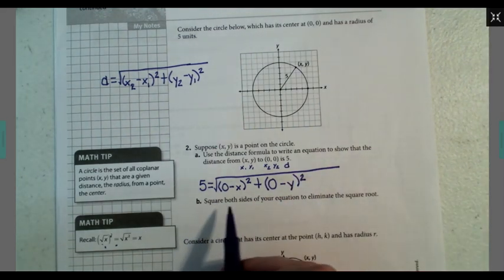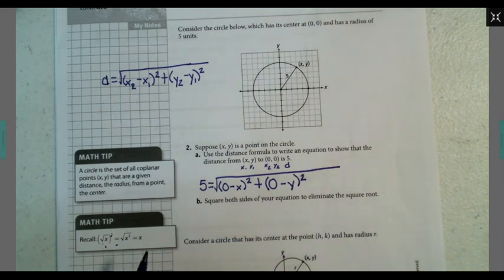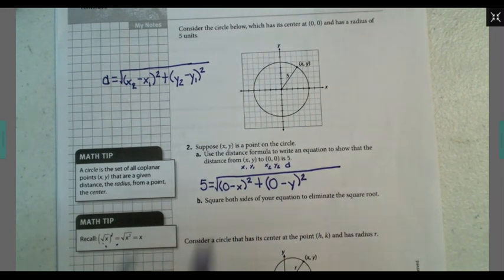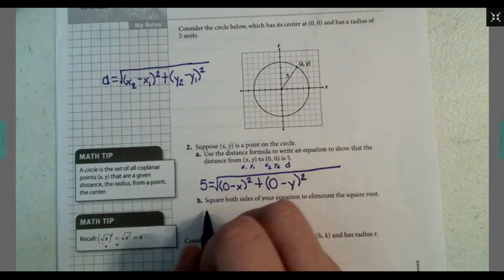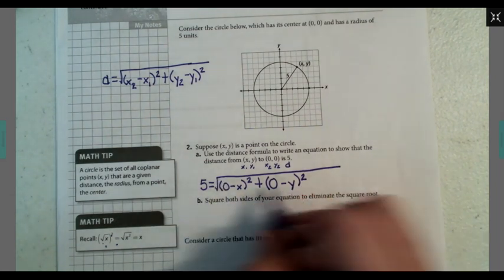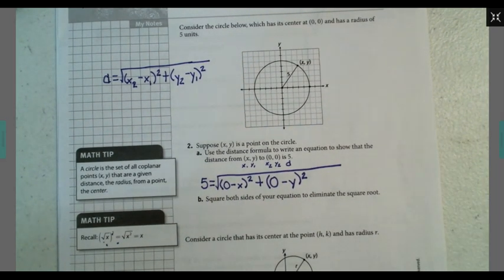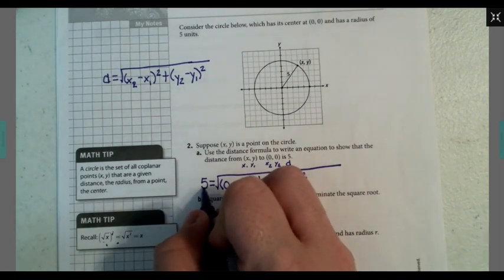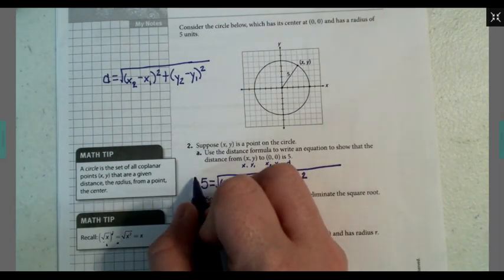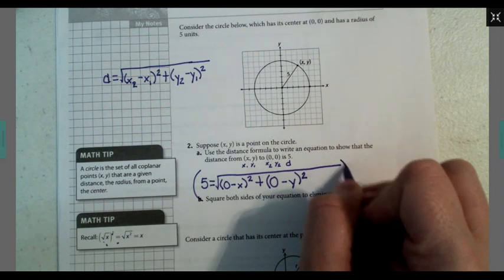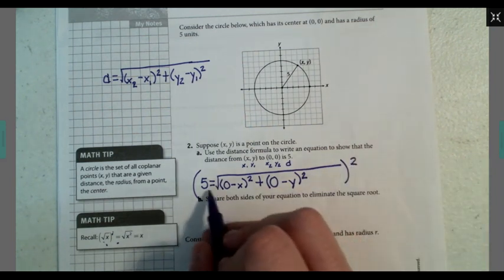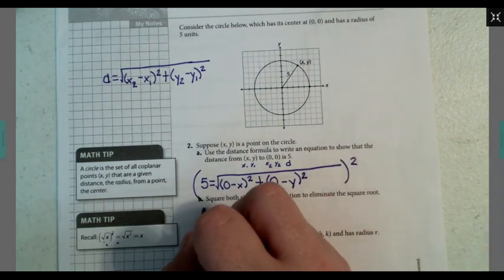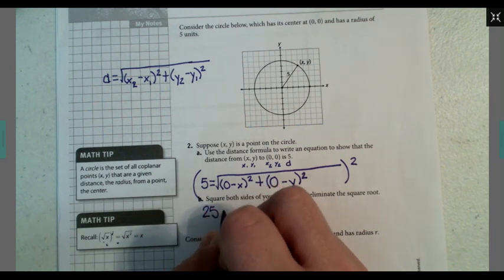It says square both sides of the equation to eliminate the square root. So square both sides of this equation. Well, what is 5 squared? Because I want to square this whole thing, basically. 5 squared is 25.